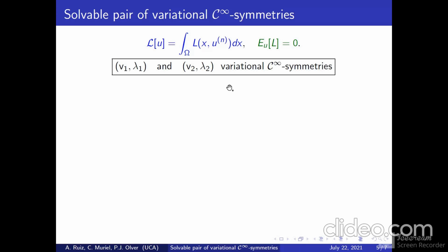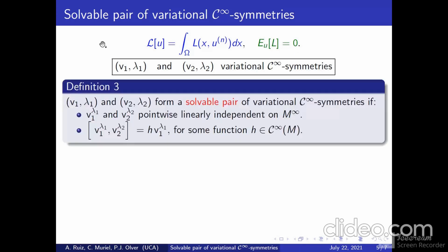So in order to use these two variational symmetries to reduce successively the order of the Euler-Lagrange equation, we have defined the notion of solvable pair of variational C-infinity symmetries.